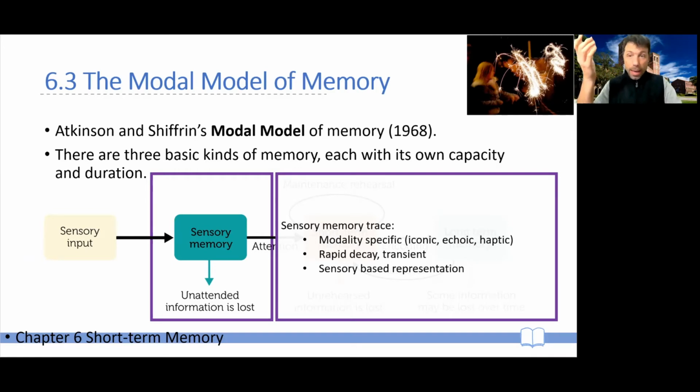Now, echoic memory, which relates to acoustic information and the auditory system, seems to be capable of holding quite a fairly large amount of information, and it seems to last up to 3 to 4 seconds.